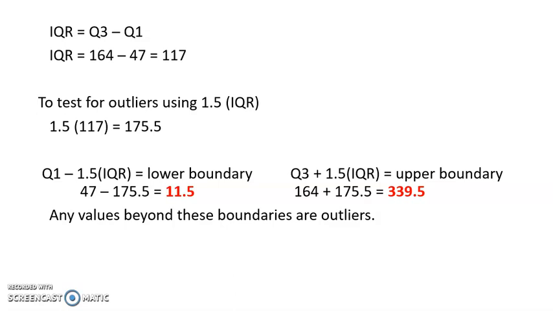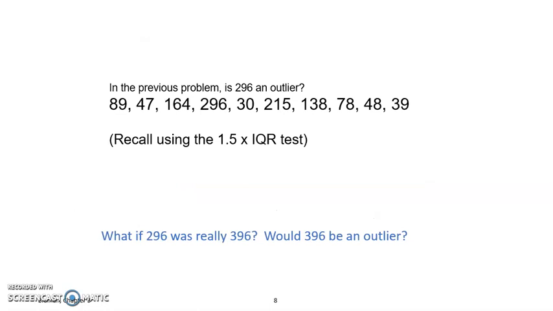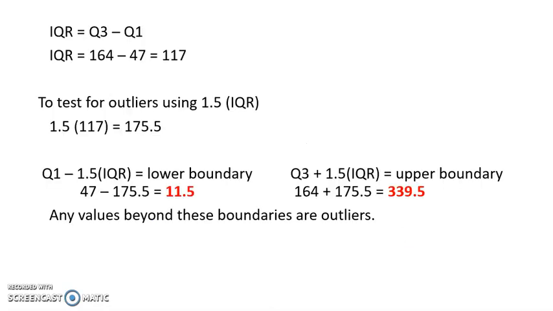Now, one of the things that was mentioned in the previous lesson was how to determine if a number is an outlier. So let's go back to the question here. This was our data, and we want to know, is 296, that maximum value, an outlier? The way we determine that is, first of all, we determine the interquartile range.